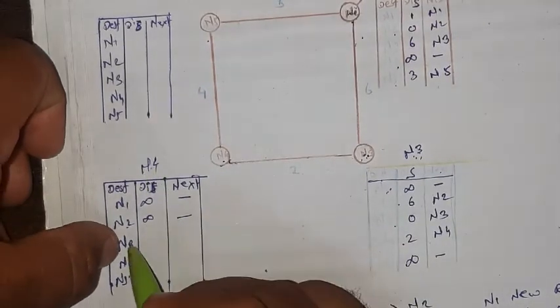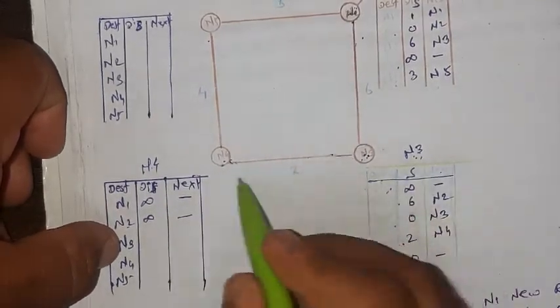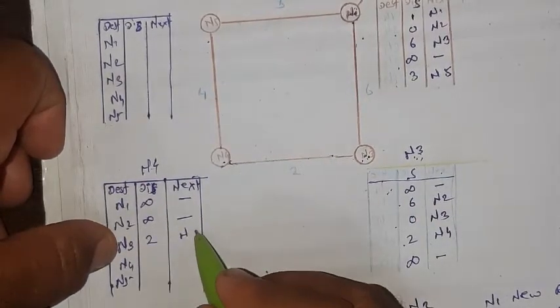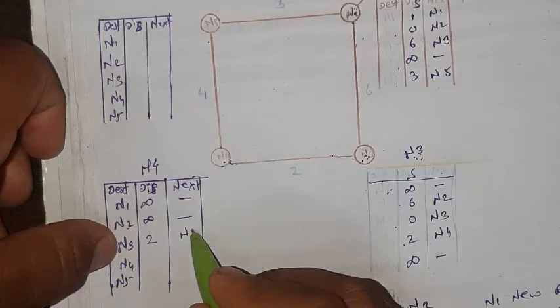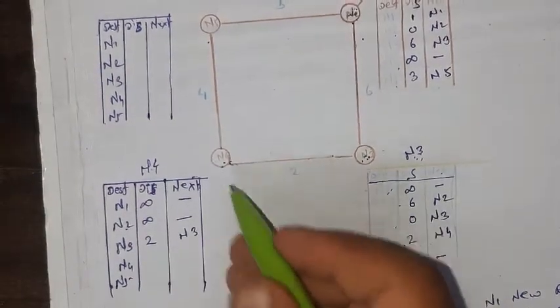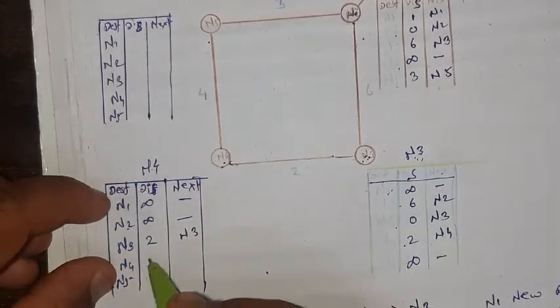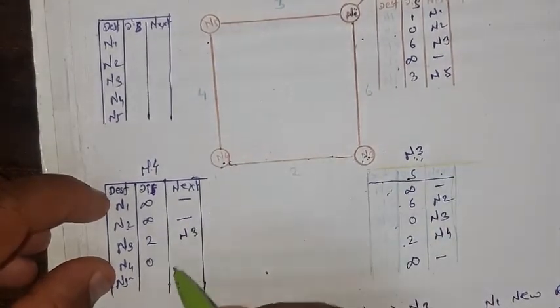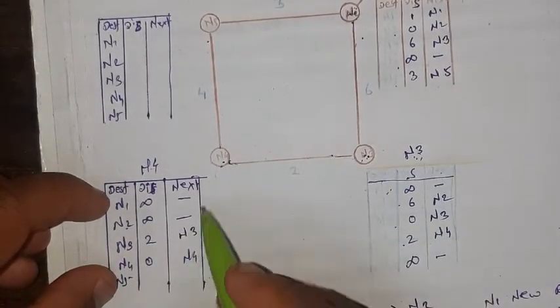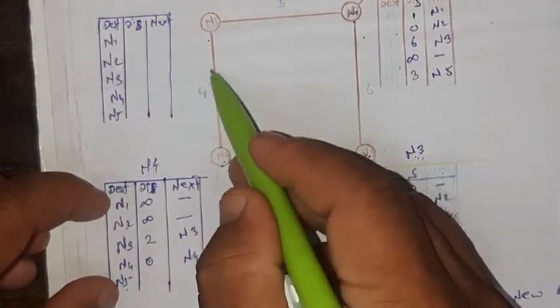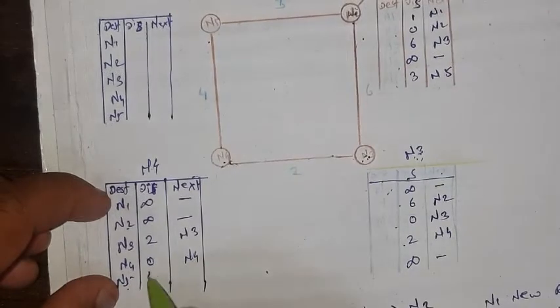Then n4 to n3, yes, the link is available, so cost is 2. The next node is n3. Then n4 to n4, yes, cost is 0, we're reaching at n4. Then n4 to n5, yes, there is a link available, cost is 4, and our next node is n5.